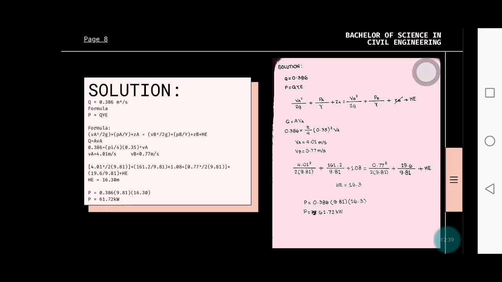Ano itong formula? So, ito man sa given ay makita natin ito nga discharge, which is 0.386 cubic meter per second, ay hara ng formula to sa power: discharge times weight density times energy. So let's solve.